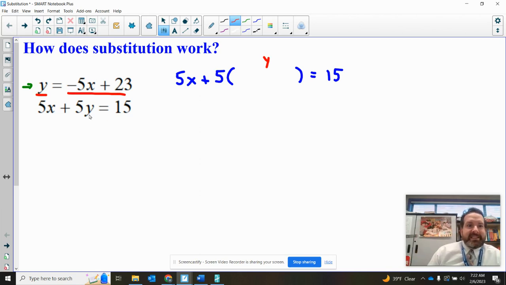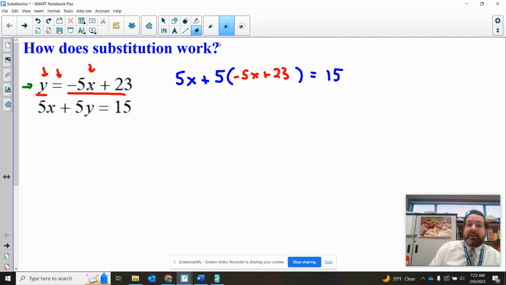So where we see this second y, let's replace it with its equivalent expression from this top equation, negative 5x plus 23. This is an important thing to understand because y is the same thing as negative 5x plus 23. In the other equation where I see the y, I can replace it with negative 5x plus 23.